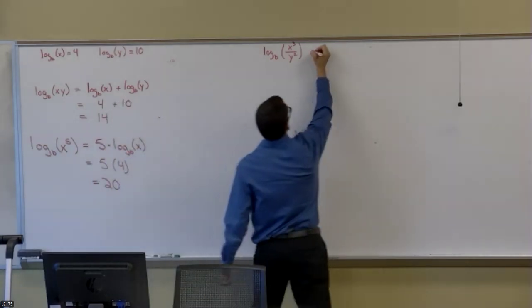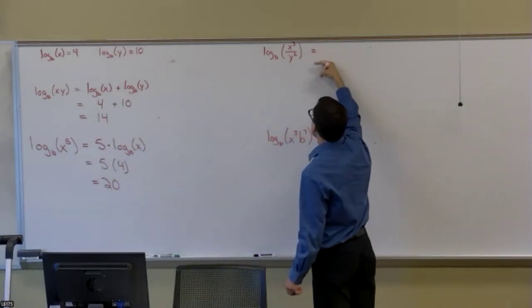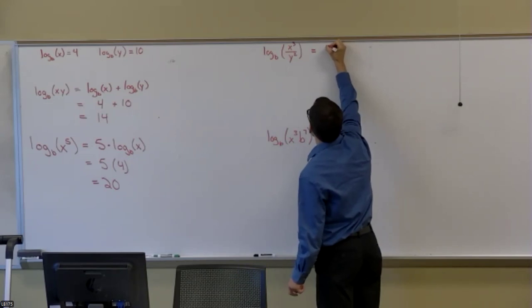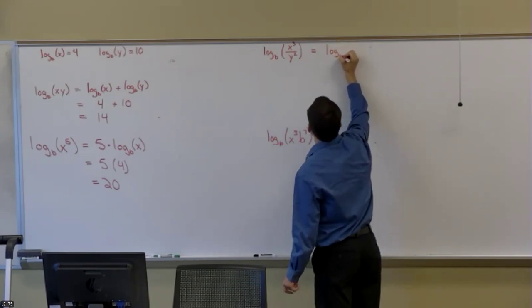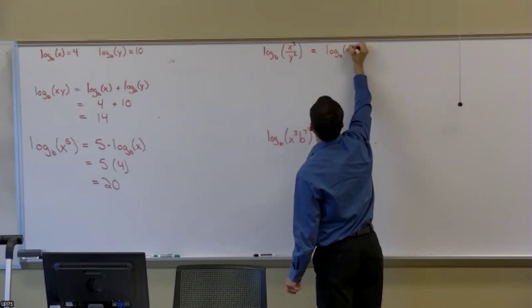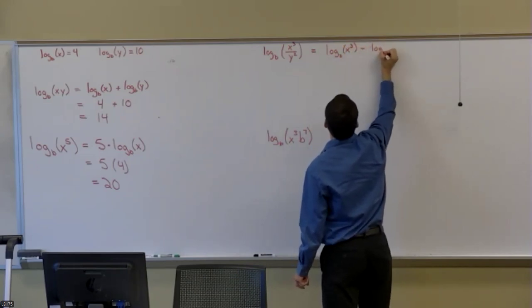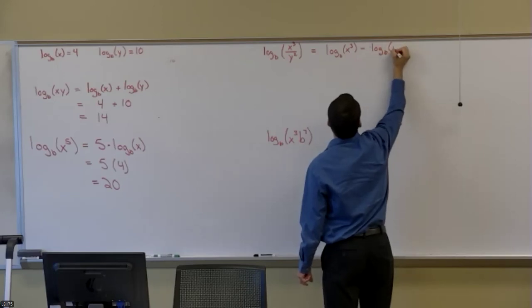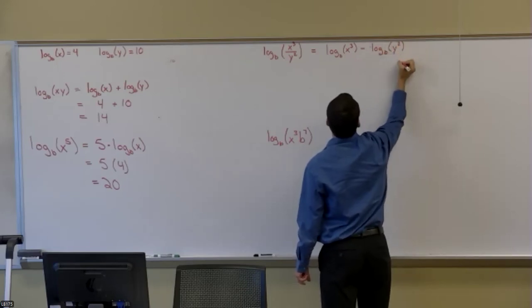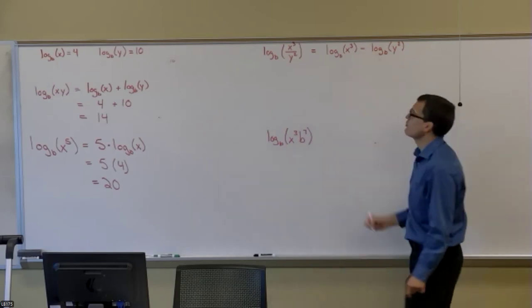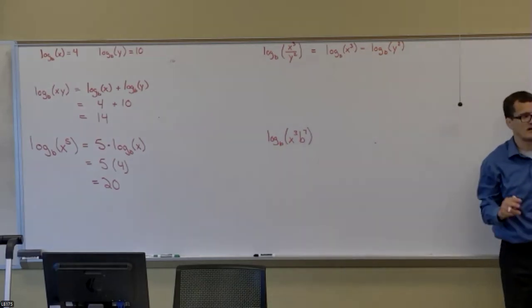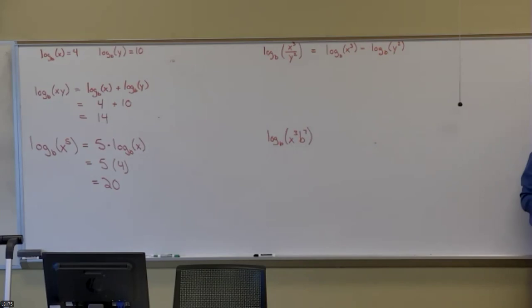In a similar way, I can do the same thing here. I can take this and rewrite it as log base b of x to the third minus log base b of y squared. That's the quotient rule. If I'm dividing two things, I can take log of the first thing minus log of the second thing, right?